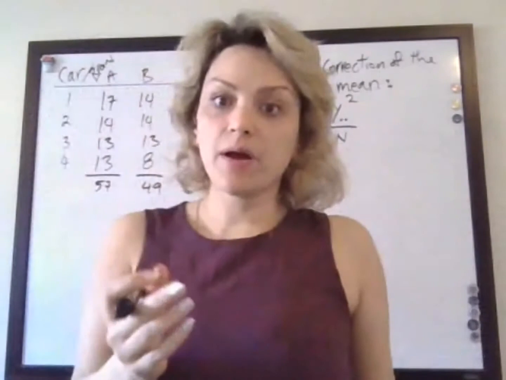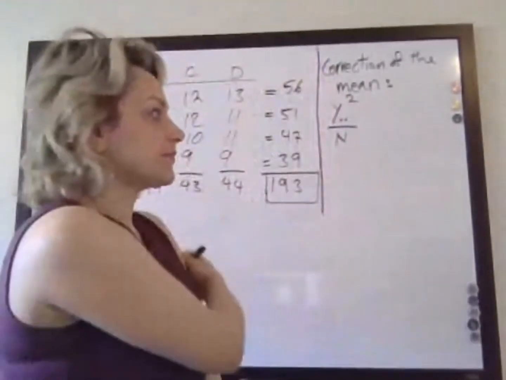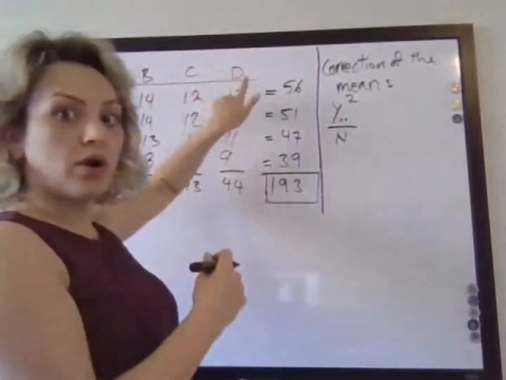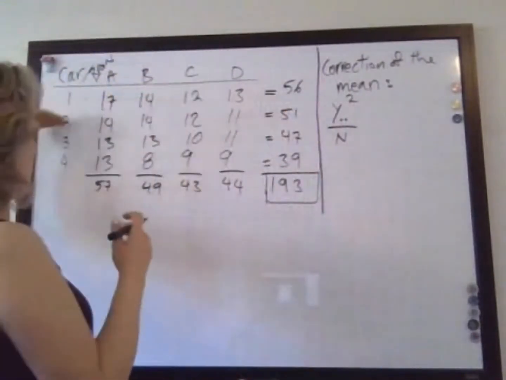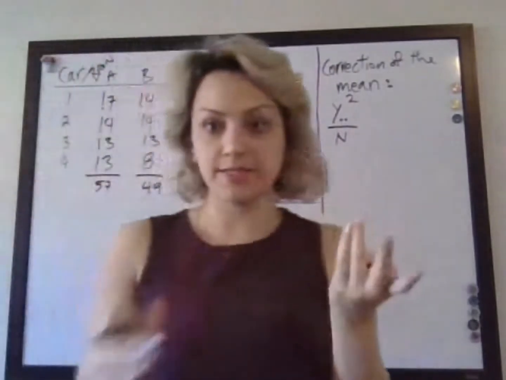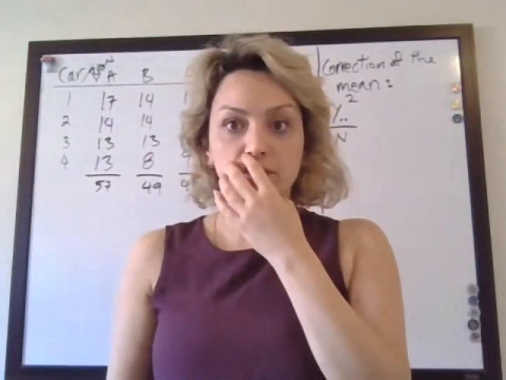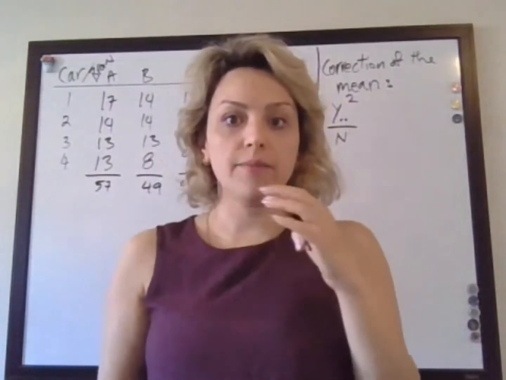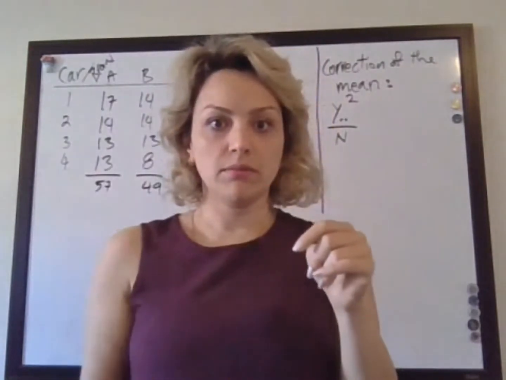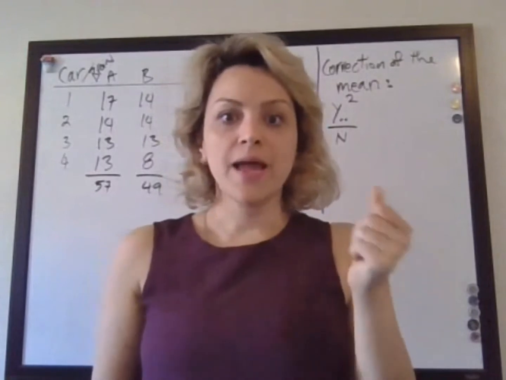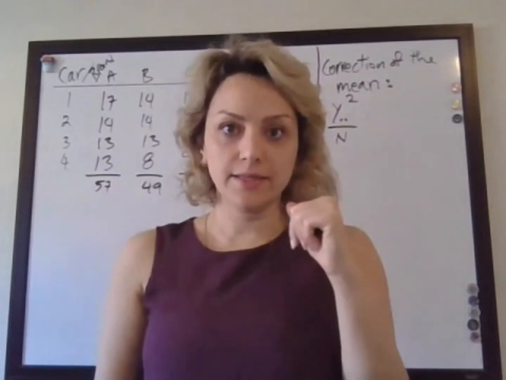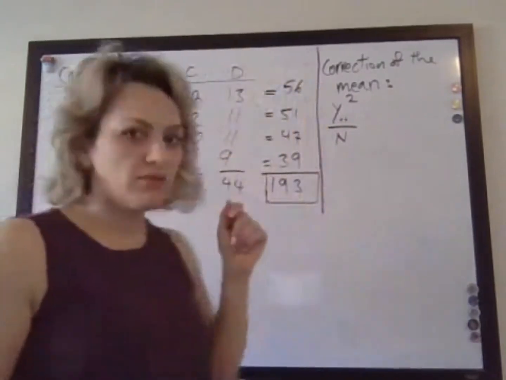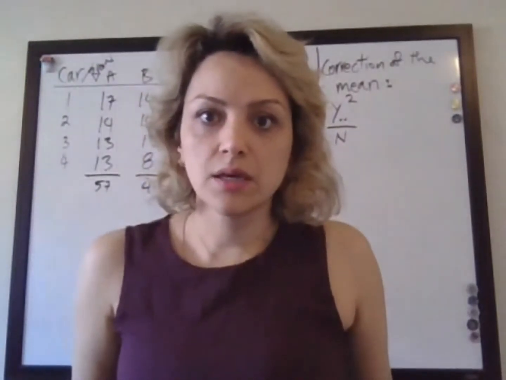In this example, you have n equal to 4, with 4 here and 4 here, so 4 times 4 is 16. What we are going to do is write down whatever the grand total is, and then square it and divide by 16. Let me just check, I felt that I made a mistake.